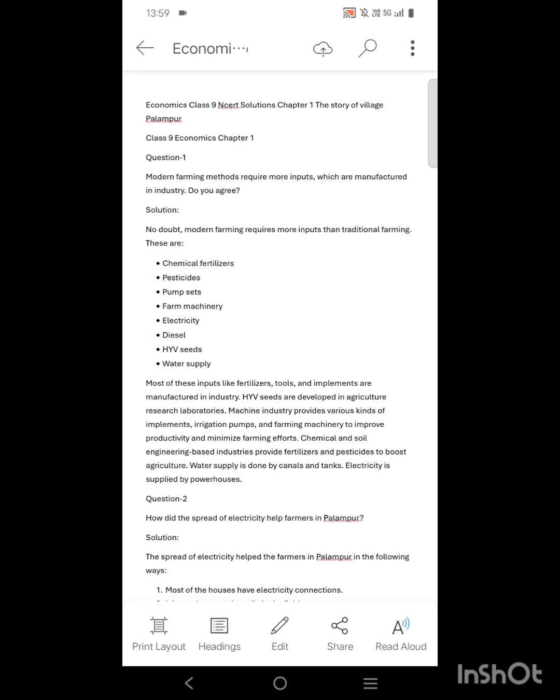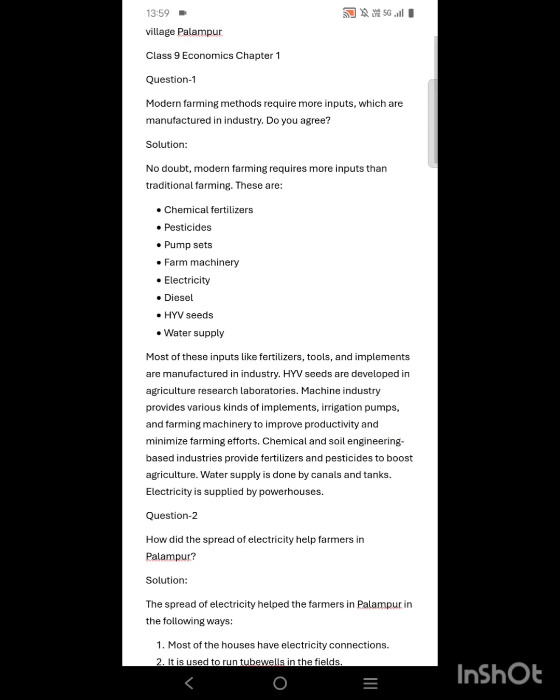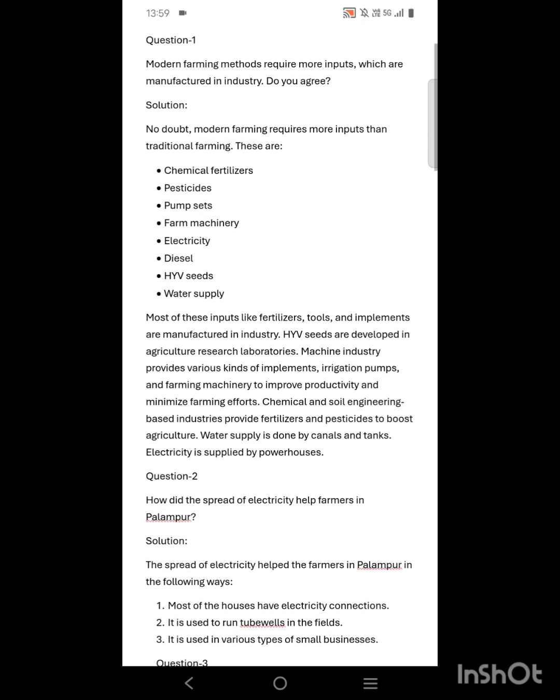Most of these inputs like fertilizer, tools and implements are manufactured in industry. HYV seeds are developed in agriculture research laboratories. Machine industry provides various kinds of implements, irrigation pumps and farming machinery to improve productivity and minimize farming efforts.